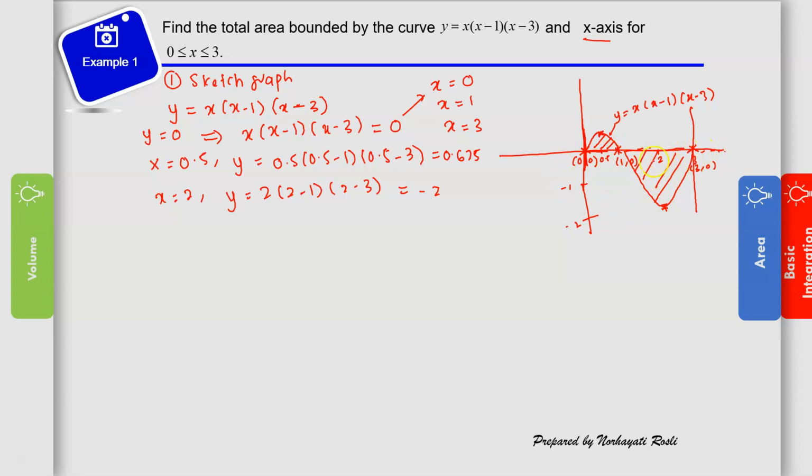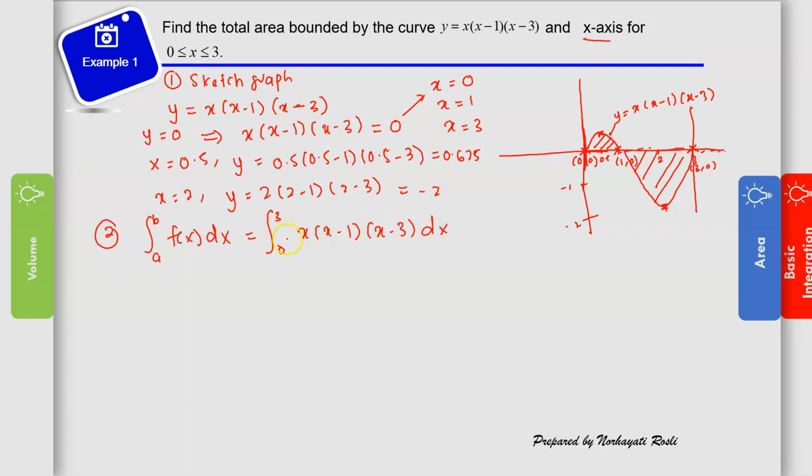And how to find the area? For step 2 here, we need to compute the area, where we integrate a function from, for example, a to b of f(x) dx. This is our formula. But here, our lower limit is 0, so we integrate from 0 to 3, x(x minus 1)(x minus 3) dx.